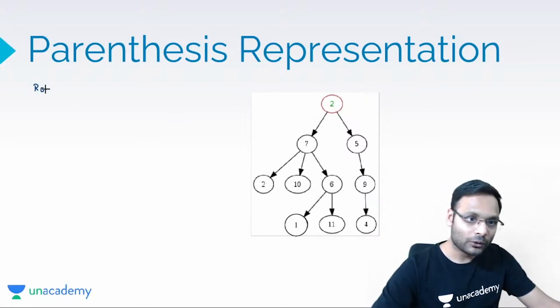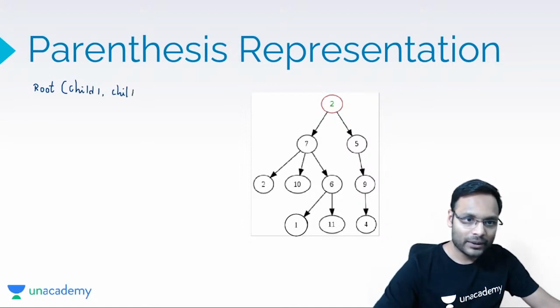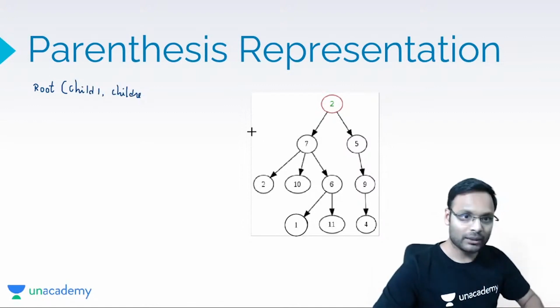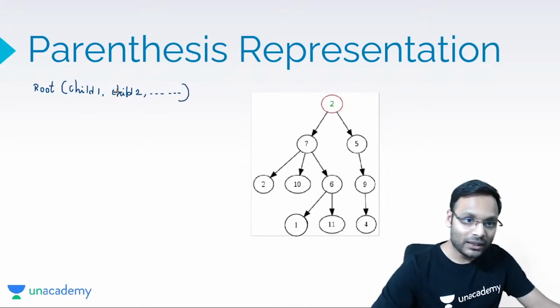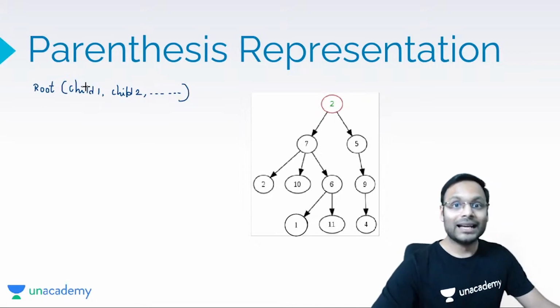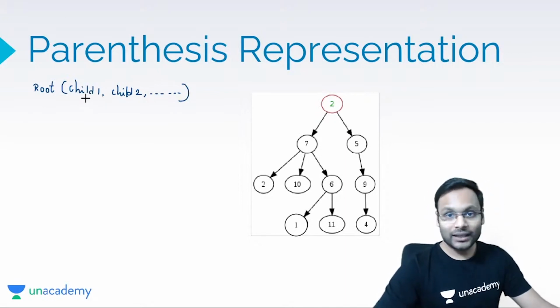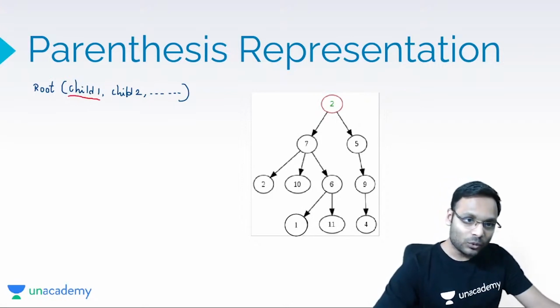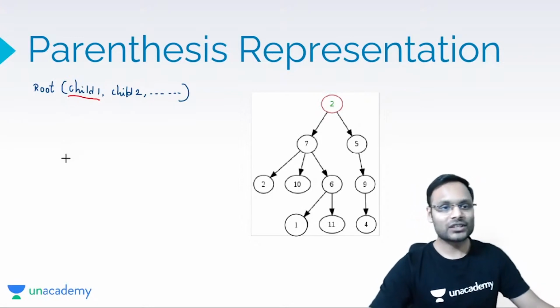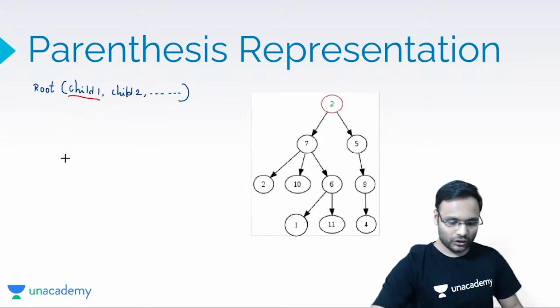First of all, you write the root, and in the parenthesis all the children separated by comma. Child number 1, child number 2, and so on. It might be possible that one of the children can be a root of a subtree. So you can take this as a root, and then you can represent the entire tree in a nested way.